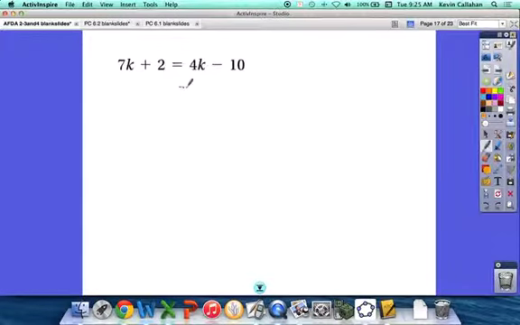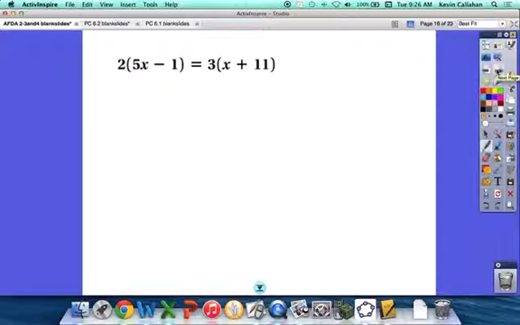Subtract it. So that's 3k plus 2 equals negative 10. And from there, two-step equation. So remember, combine like terms on the same side, and then move the smaller of the variable terms as a first step.